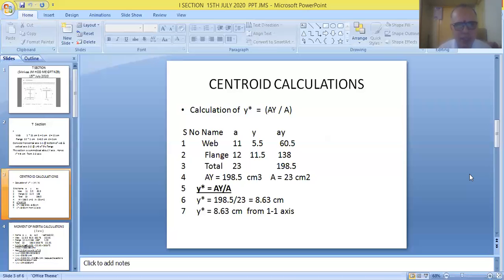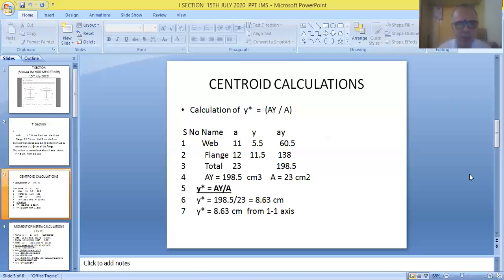So friends, the first calculation is for the web. Width of the web is 1 centimeter, depth of the web is 11 centimeter, so it is written as 1 into 11, which comes to 11 centimeter square.